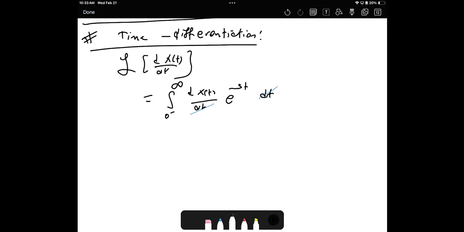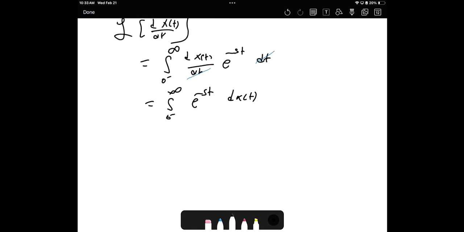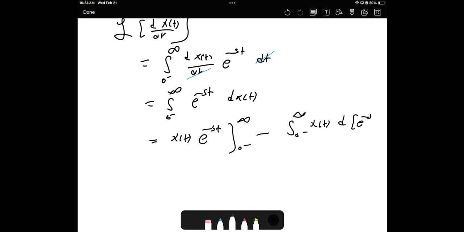What will happen? It will be the integral from 0 minus to infinity of e power negative st dx of t. Okay, now how to do this integral? It will be x of t e power negative st between 0 minus and infinity, minus the integral from 0 minus to infinity of x of t d of e power negative st.